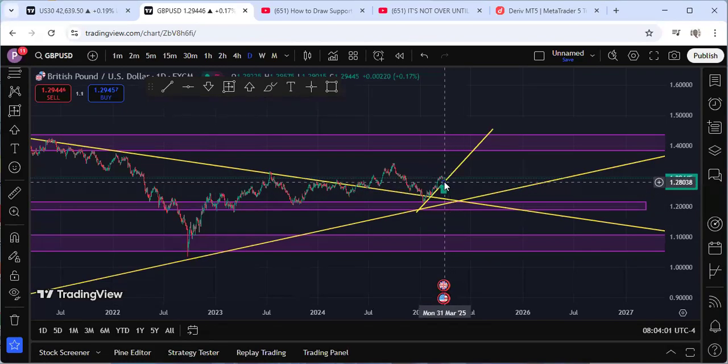If this level does not hold, remember, when the market pulls back to this level, we'll not just buy. We'll use a lower time frame to confirm our entry. Remember our strategy.